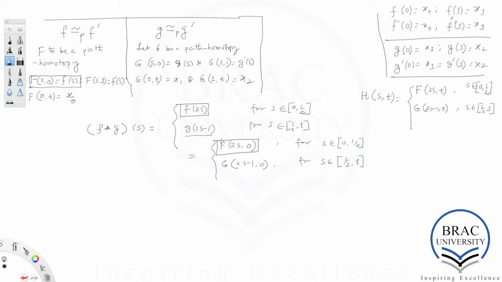And from this you will get G(2s minus 1, 0) equal to small g(2s minus 1).